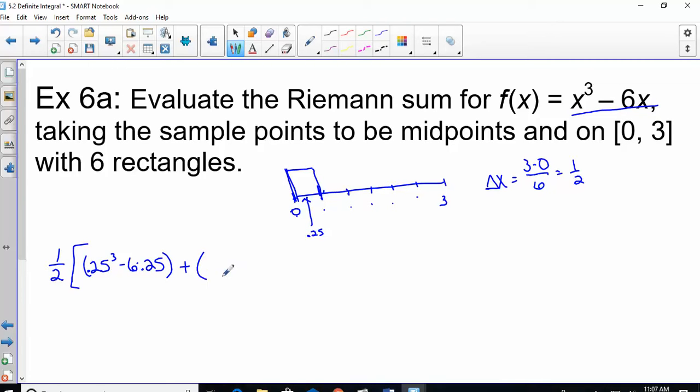So I'm going to put in a 0.25 for my x. We should have 6 of these because 6 rectangles. To get your next point, once you have the first one, all you have to do is add your change in x. So if I'm at 0.25, add 0.5, so the next one is 0.75. Add 0.5, so 1.25. Add 0.5, so 1.75.